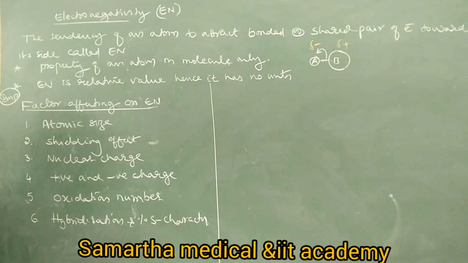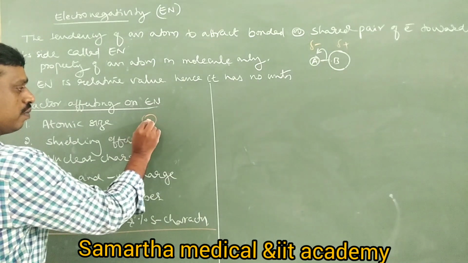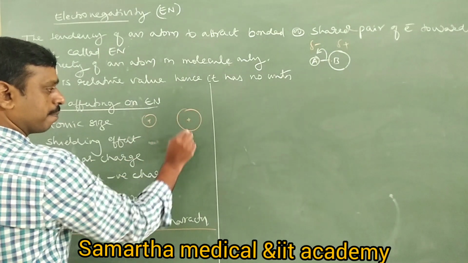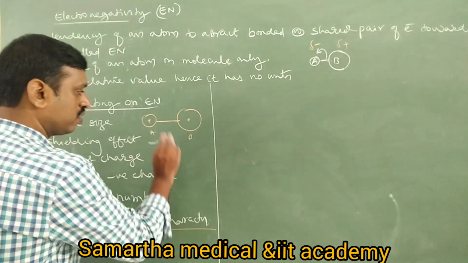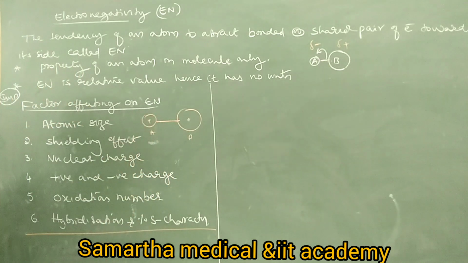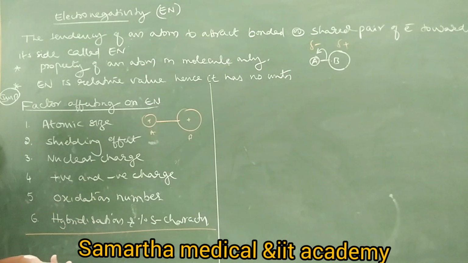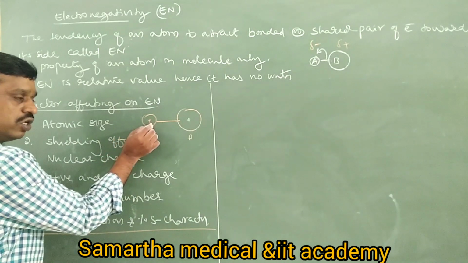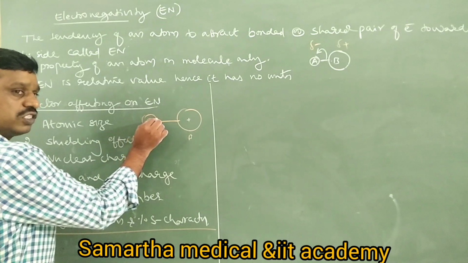Now come on, tell me. The first one is atomic size. Just now we have studied there are two atoms, atom A and atom B, and in between there is a bond. Among atom A and atom B, which can attract electrons towards its side easily? Atom A, just like electron gain enthalpy. Atom A is smaller in size, so the nucleus force of attraction on the valence shell is more.